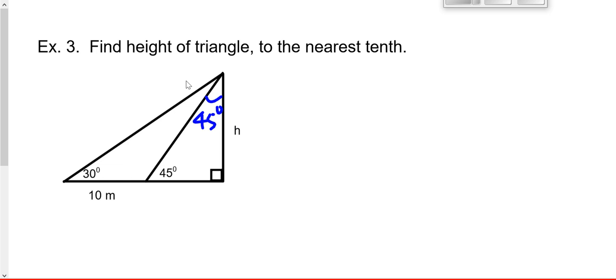Okay, then let's look at the larger right angle triangle, this one here. If this is 90, this is 30, then the whole thing must be 60 degrees. Knowing that this is 45, that means this smaller angle is 15 degrees.